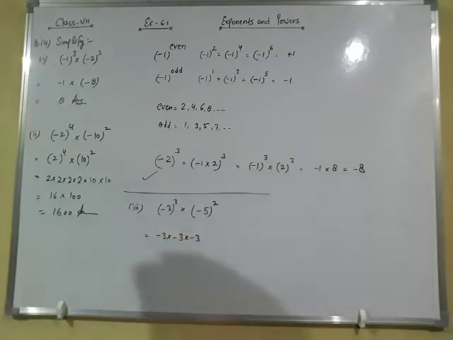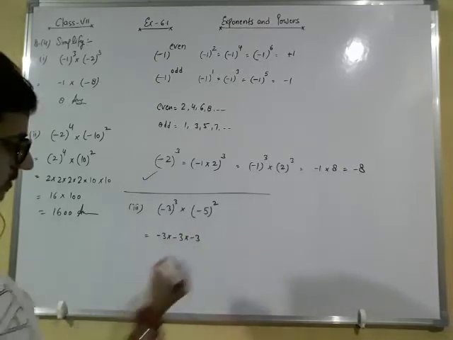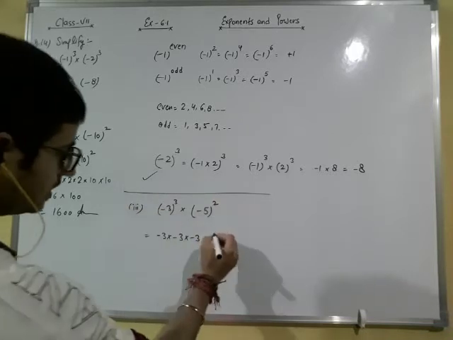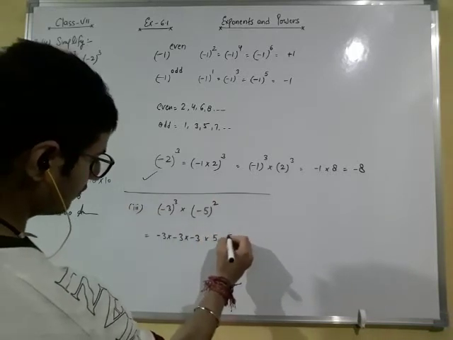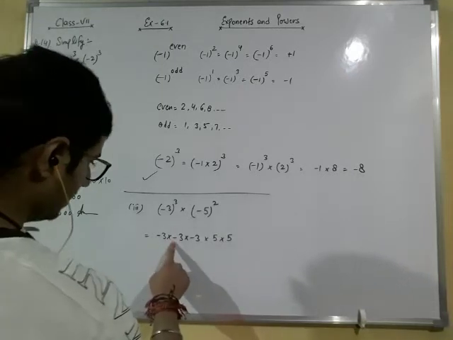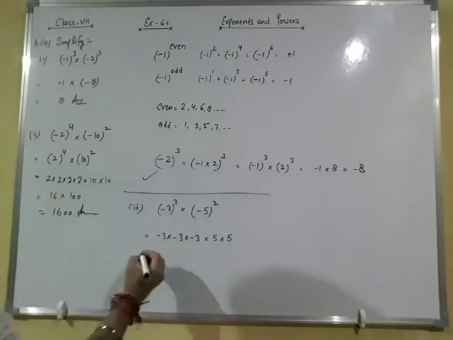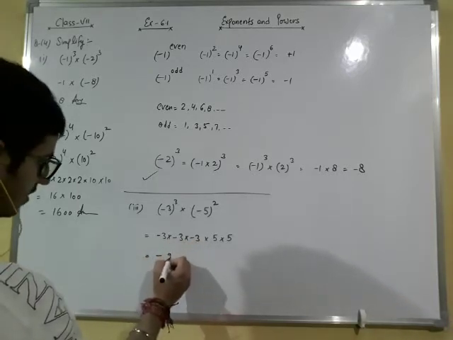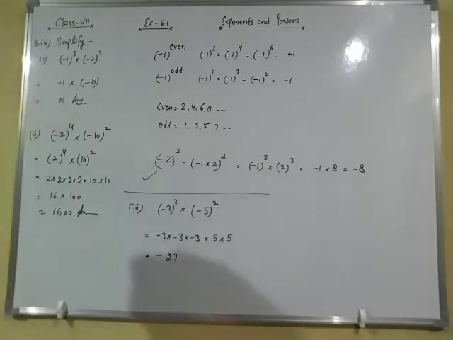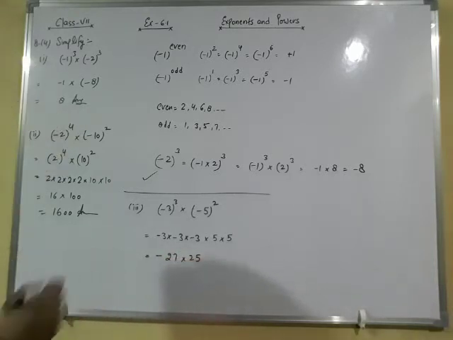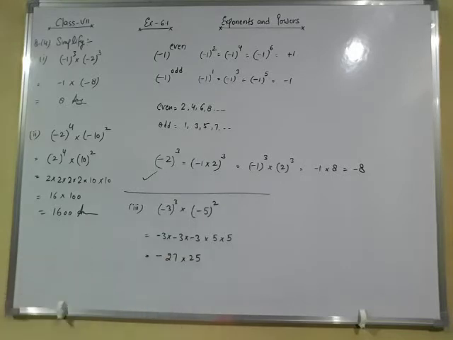And minus raised to the power even number, it will be 5 multiply 5. Minus minus plus, and plus minus minus. 9 3 are 27. Okay, and 5 5 are 25. Now multiply it and find the answer.